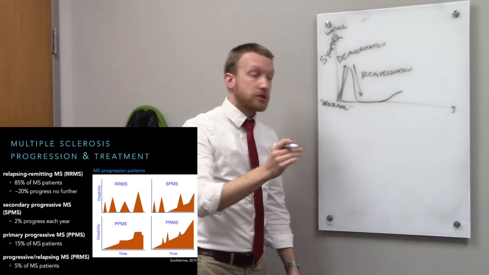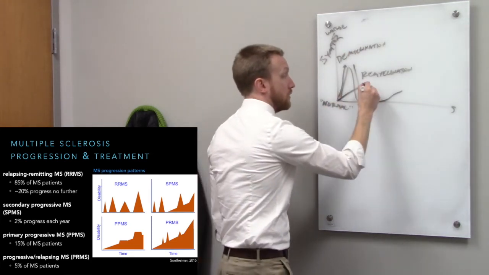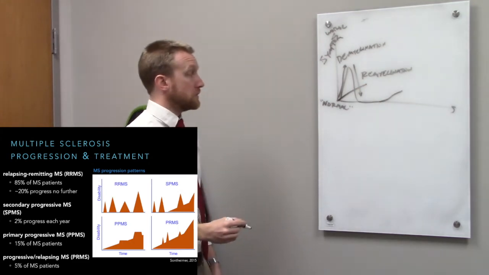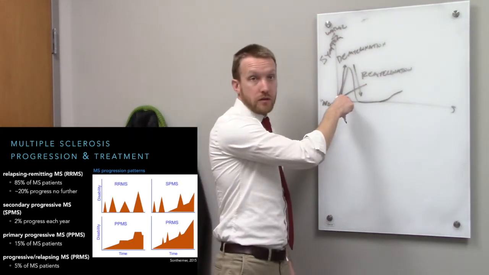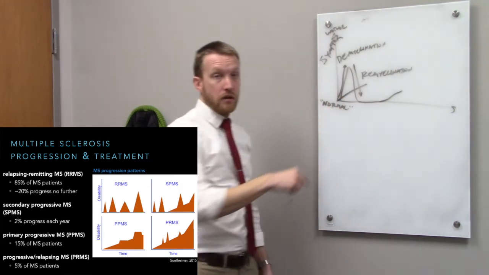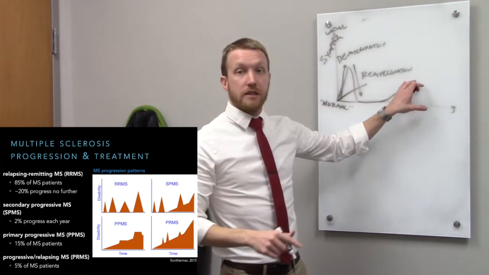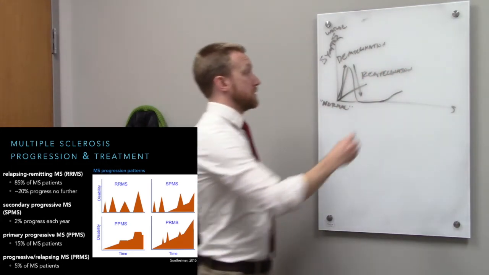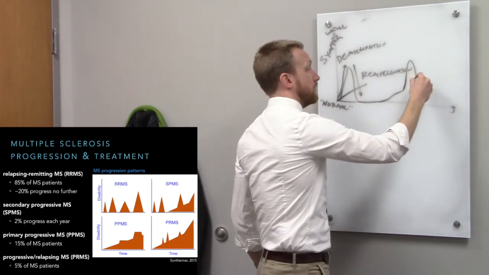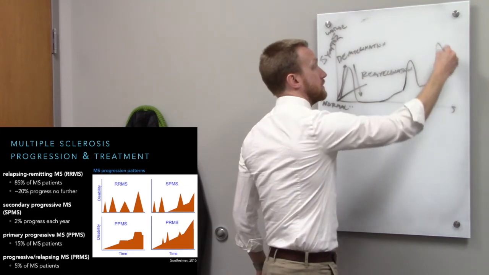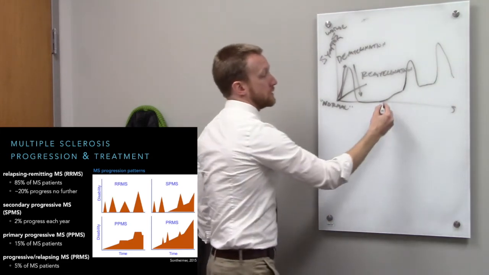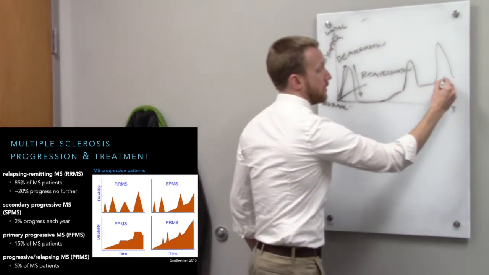Some cases just start off progressing, and that would be primary progressive. We call it secondary progressive because it happens after the relapsing and remitting MS. So you'll still have your good days, your bad days, but the good days will get worse over time.